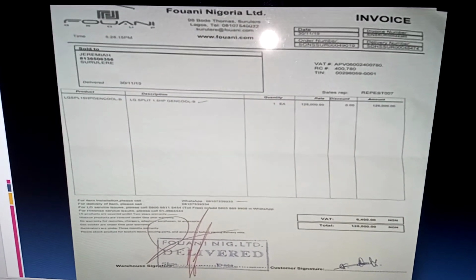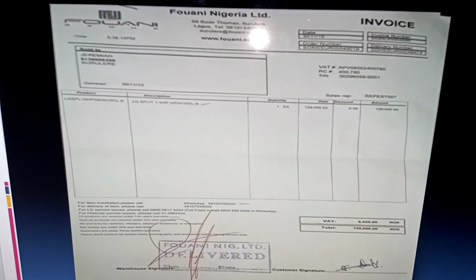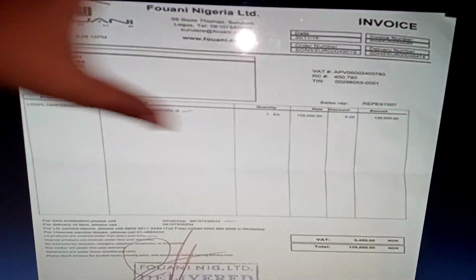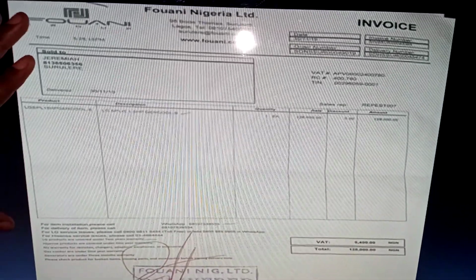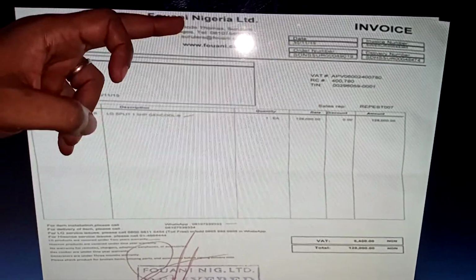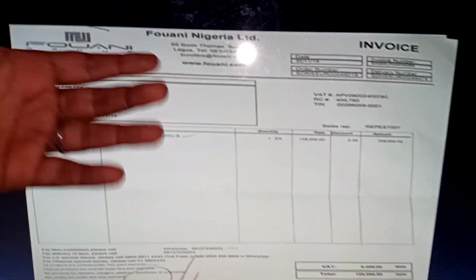Now, we just discussed what an invoice is. How does it look like? This is a typical example of a sales invoice. You can see the name of the company issuing the invoice, Fuani Nigeria Limited. You see their details, where they are, the location of the office. They have the website.